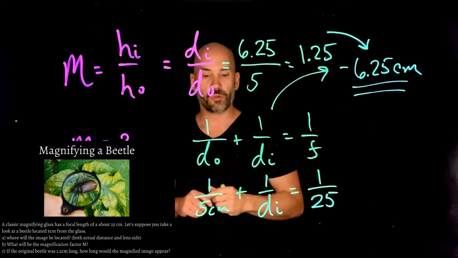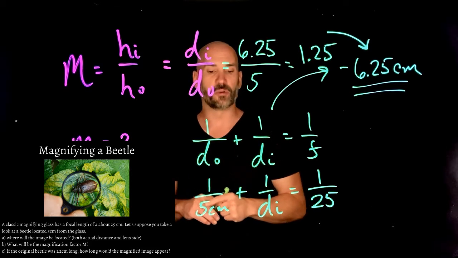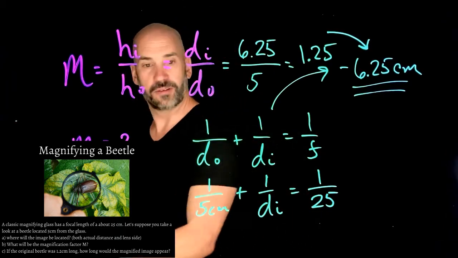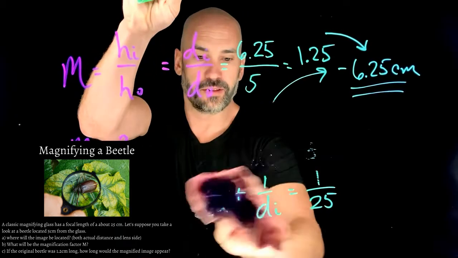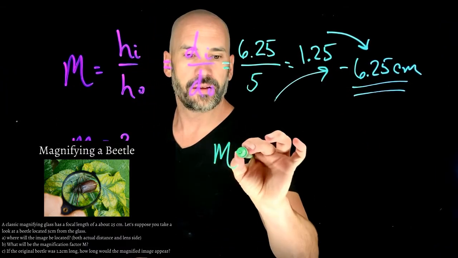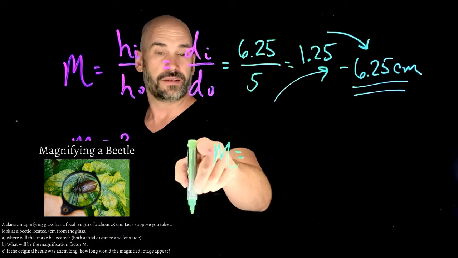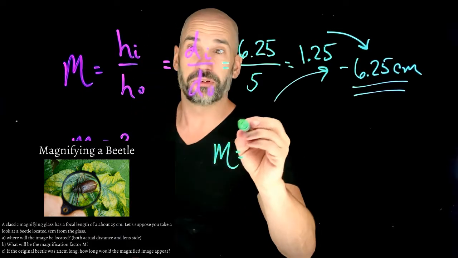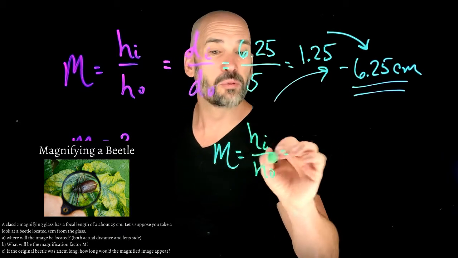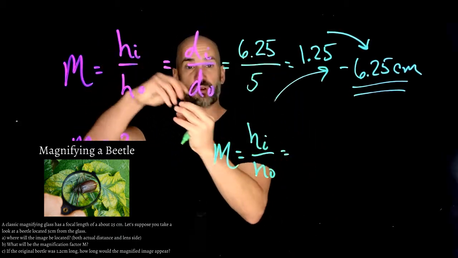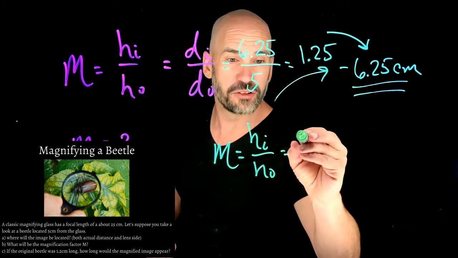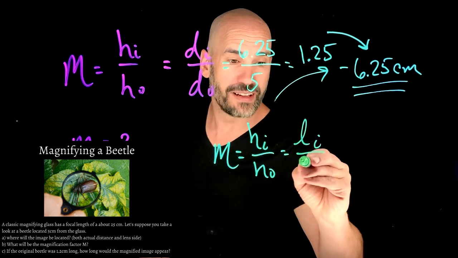Now, if the original beetle was 1.2 centimeters long, how long would the magnified image appear? For this, we can just go back to the ratio. The magnifying factor is just equal to the height of the image over the height of the object. But really, this works for any dimension. It's stretching any dimension the same amount. So if we want to talk about lengths, then it'll just be the length of the image over the length of the object.